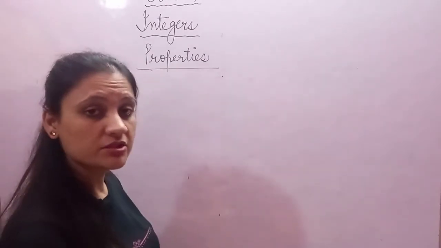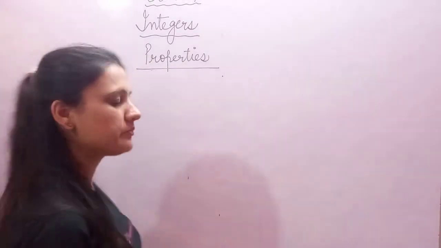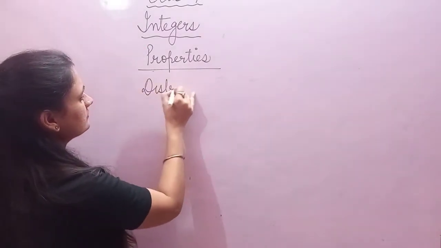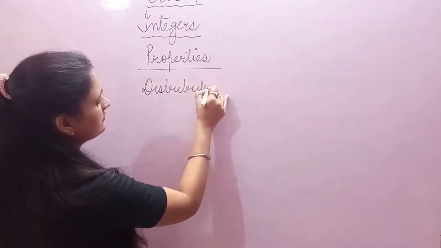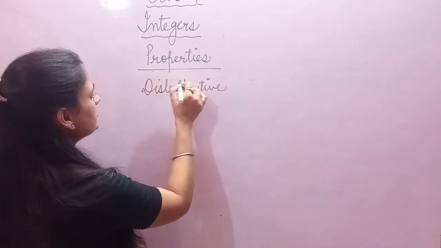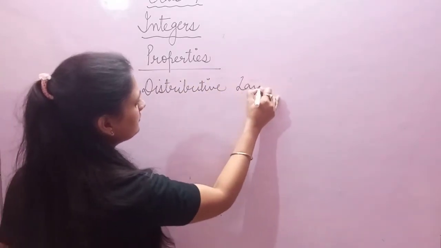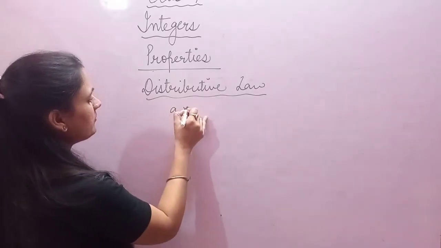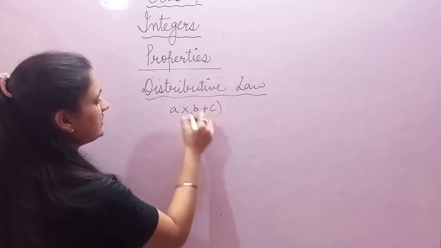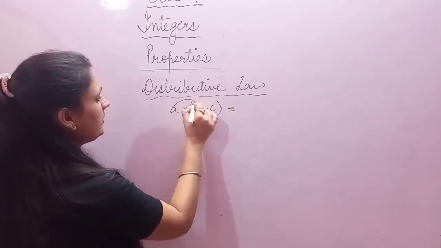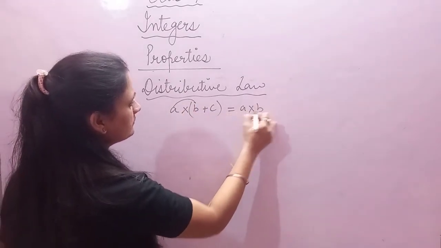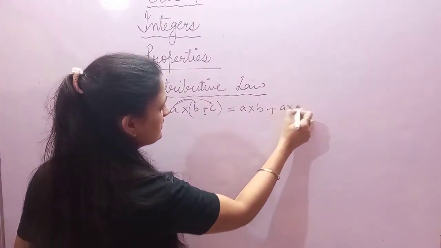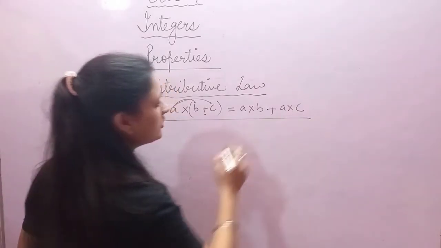And now last but not the least, very important property, that is distributive property. We call it distributive law. Right? What it says is that A multiplied by (B plus C) is equal to A multiply B plus A multiply C. This is our distributive law, right?